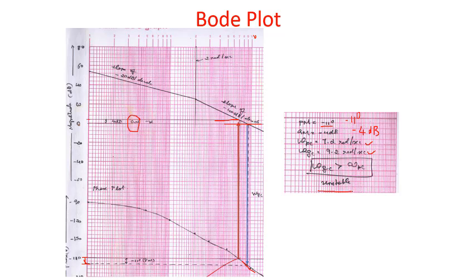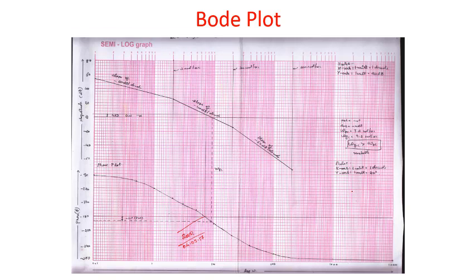Okay. So like this, we have to identify the phase margin, gain margin, phase crossover frequency, gain crossover frequency, and comment on the stability. So in totality, what the overall view of a Bode plot on a semi-log sheet should look like will be like this. Make sure that you show all the key points.